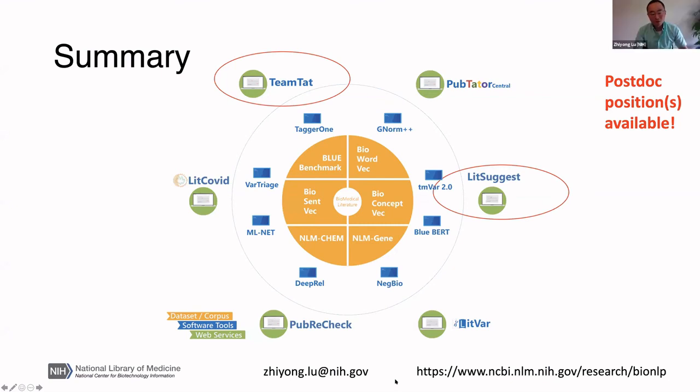Not at all, this is a great question. What I'm trying to say is there's no one number for the performance. It really depends on the annotation task. If you have training data that is large enough for text mining classification, then you can get very good performance.